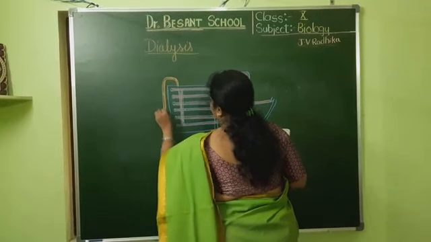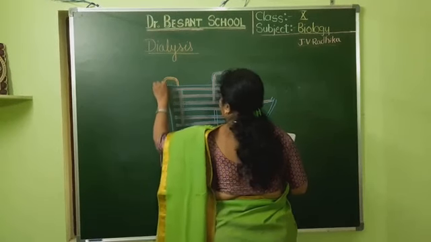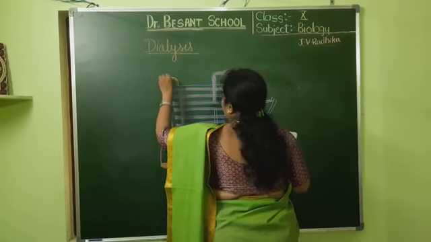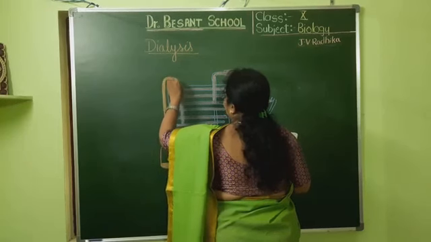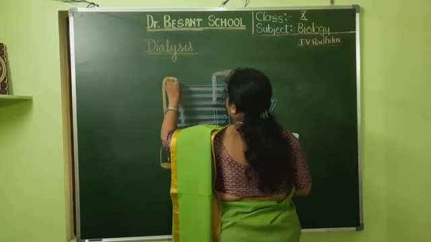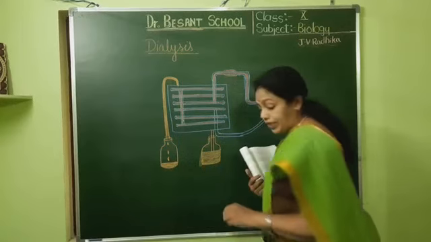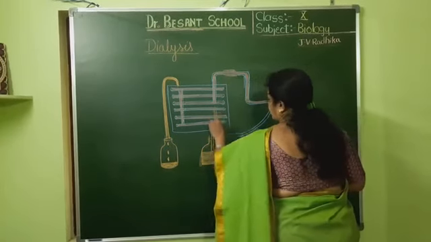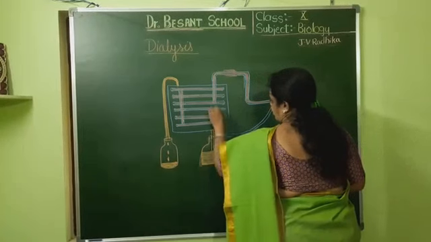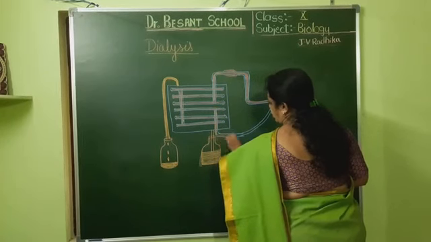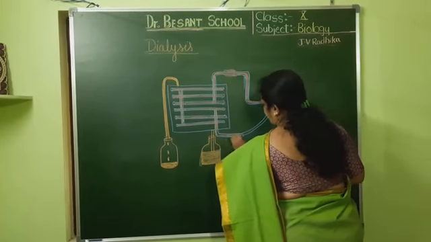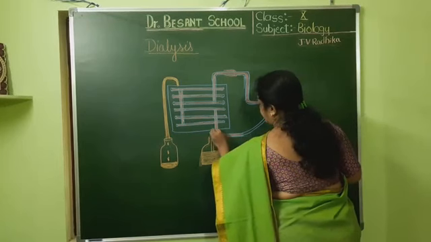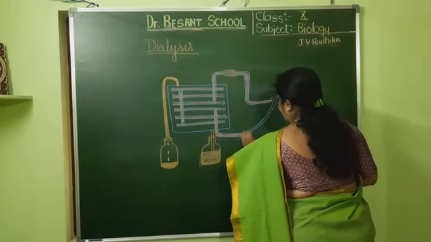This whole process takes around 3 to 6 hours, and depending upon the patient's condition, the dialysis may be required once a week, twice a week, or thrice a week. Here we can see that this is the blood that is coming back.